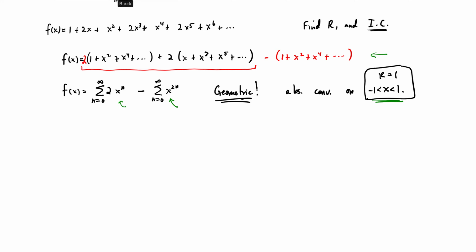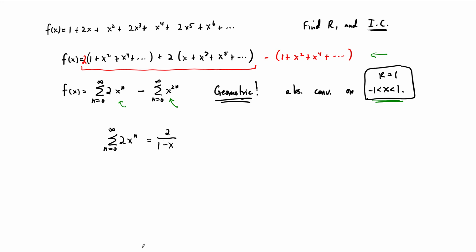Now, on to the next step. Once you're okay with all this, then the next step is to try to write a formula for this function that is not a power series formula. So, in other words, we want to use the fact that these are geometric series to write down their sums. And I'm sure you remember that the sum of the geometric series 2 times x to the n is equal to a over 1 minus r, right? The a is 2 and the r is x.